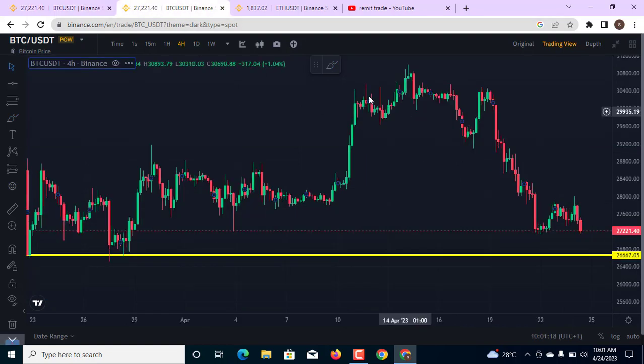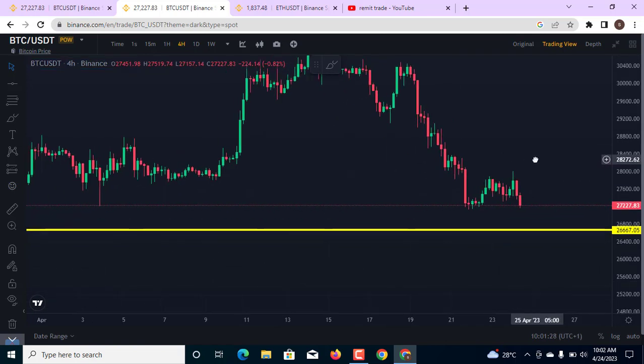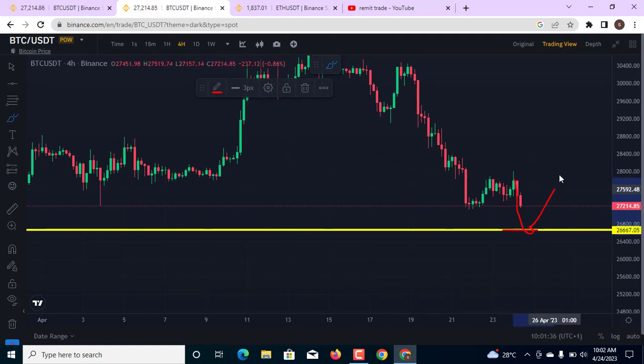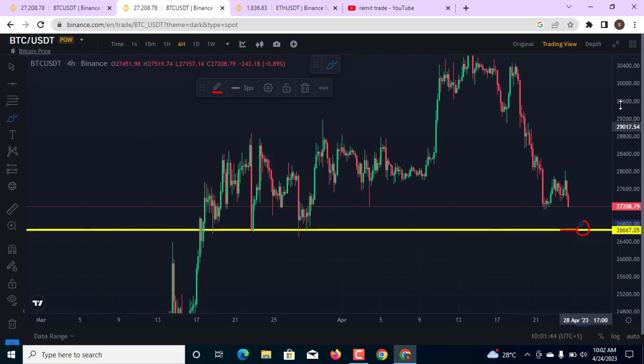And on the 4-hour chart here, you see the market moved up a little bit as a result of this very spike on the chart at this area. What I'm expecting right now is a further movement to the downside to this very level of support, this very line here. Expect this market to come back down to this level before we see a little bit of push to the upside, and a breakout of this area of support right here will move the market back to the downside.